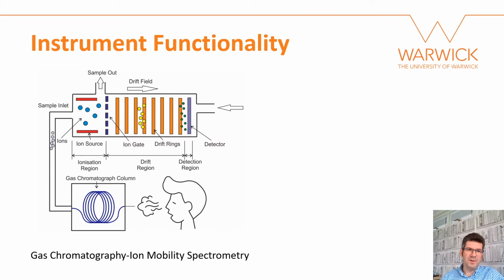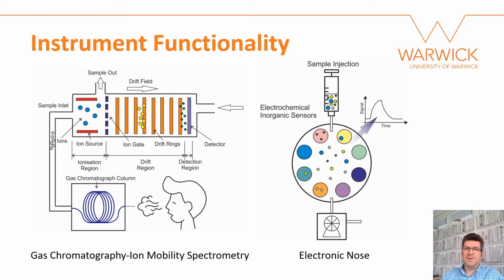You open the gate, and the ionized molecules get pulled through this drift region, where you apply a very high electric field and the ions move along. From the other way you put a buffer gas, which in this case was nitrogen. Where the ions impact the buffer gas, their momentum slows down. So the length of time it takes to get from one end to the other is a function of this electric field and its collision with the buffer gas.